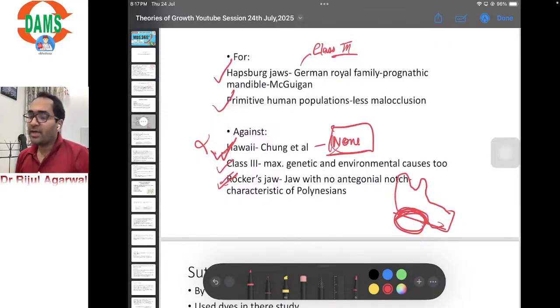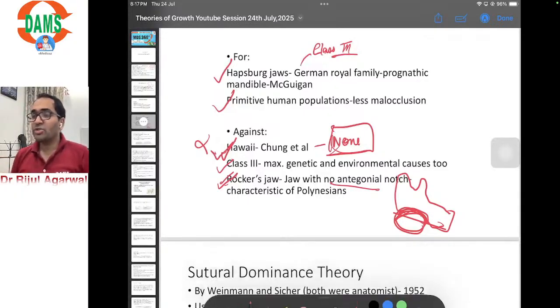So it was found that it is a characteristic of Polynesians. Okay, so if there is no antigonial notch, it was straight away said that the ancestry of that person is Polynesian. But as you know, you would have also seen patients, observed panorex, with people having no antigonial notch.